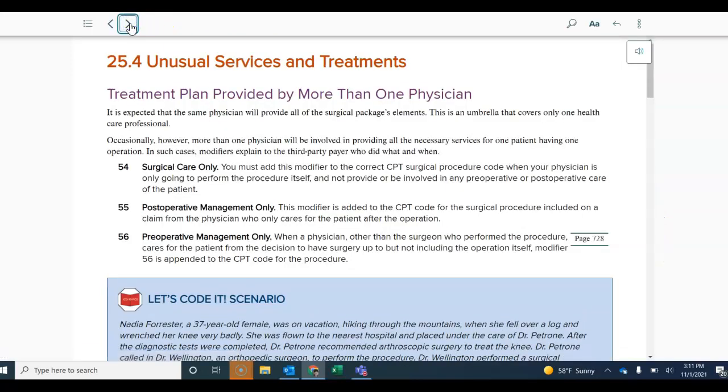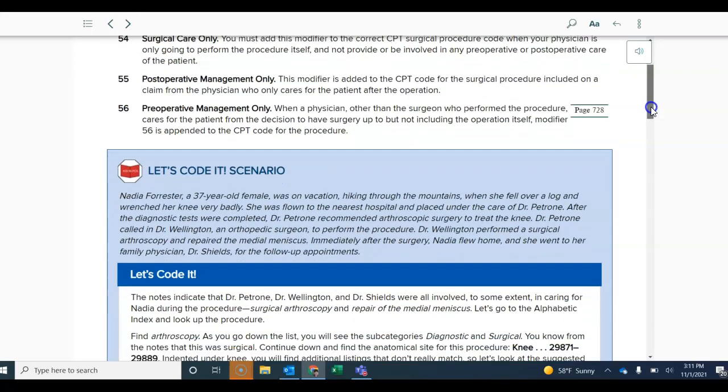All right. So here are some of those modifiers again about unusual treatments, like more than one physician. Let's say that a patient had a surgery and somebody else did it, and they had to move, and so they went back to a different physician for just the post-op only. So what the insurance company will do is they'll take that code.